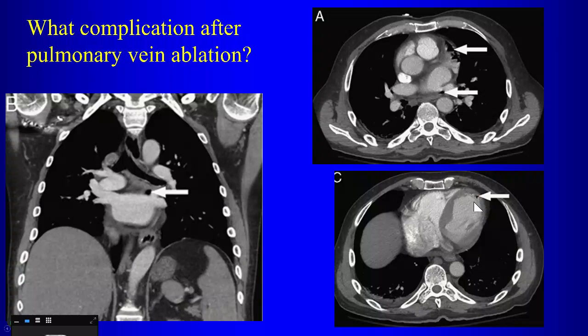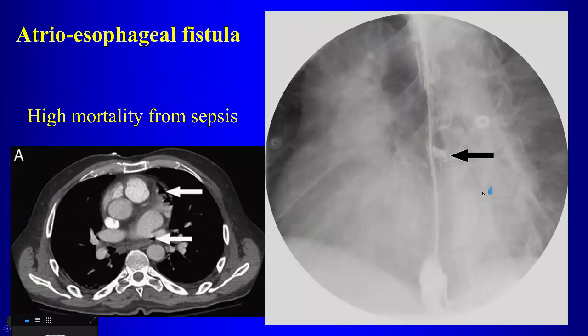You can see that there's air getting into the left ventricle, there's some air here in the left atrial appendage. So this is the most dreaded complication, and this usually results in sepsis, and often this is fatal. So this is an atrioesophageal fistula, okay? And that has a high mortality because of sepsis.